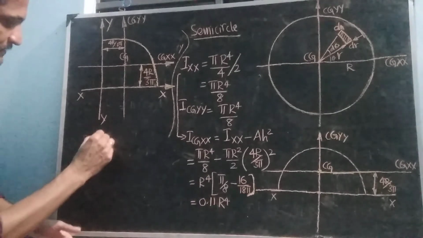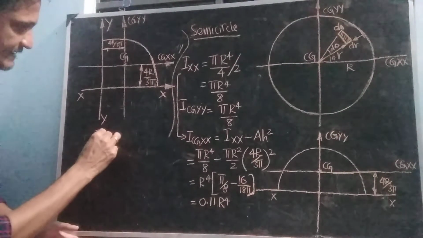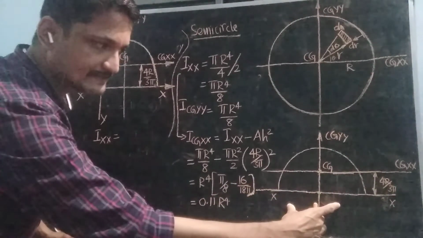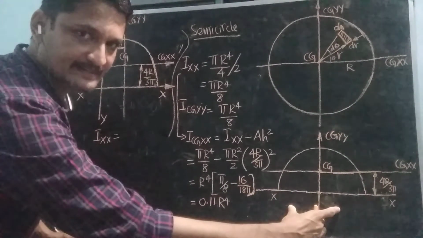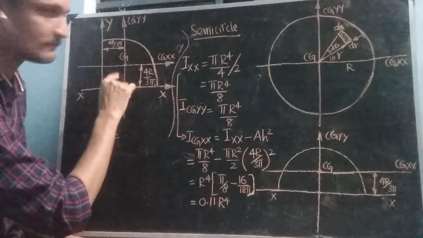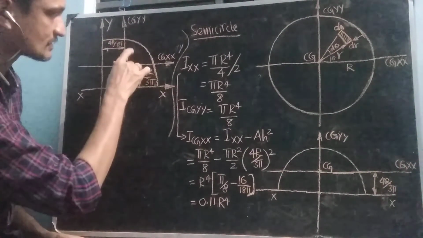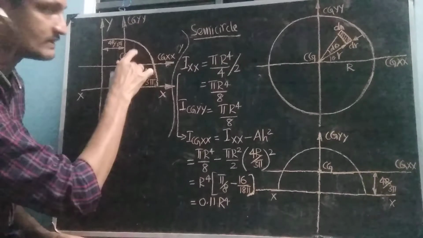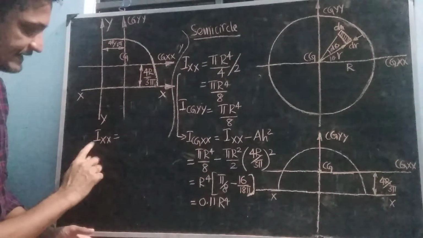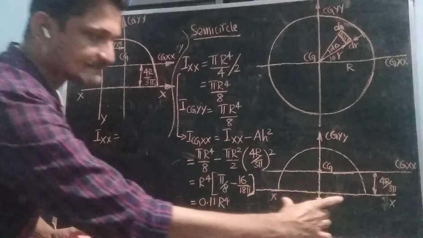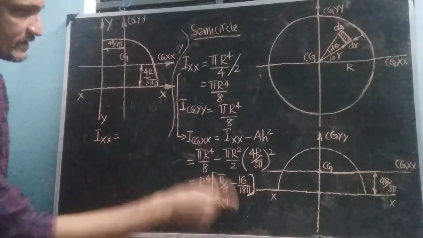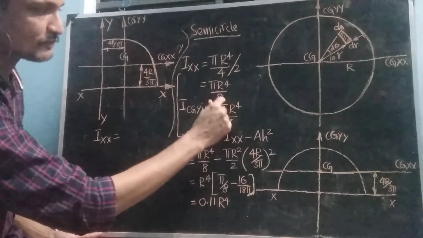So here we can say that IXX is equal to IXX of semicircle divided by 2, because the area is again half. The quarter circle has an area which is exactly half of the area of the semicircle. So IXX is equal to IXX of semicircle divided by 2.